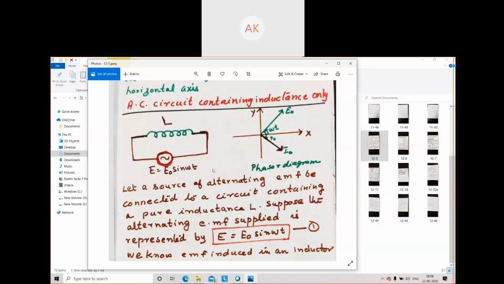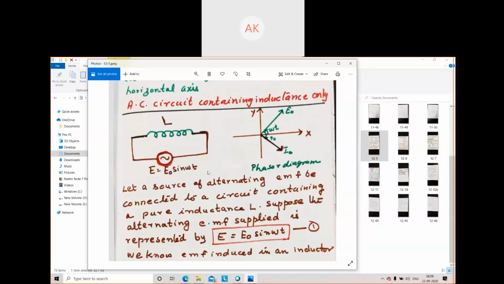So we got the expression I equal to I0 sin omega t. And the phasor diagram also we have shown, both on the same phase. So that is the relation between current and voltage when AC is passed through a resistor. Both current and voltage are in the same phase.